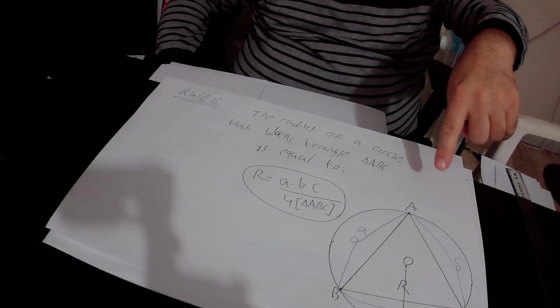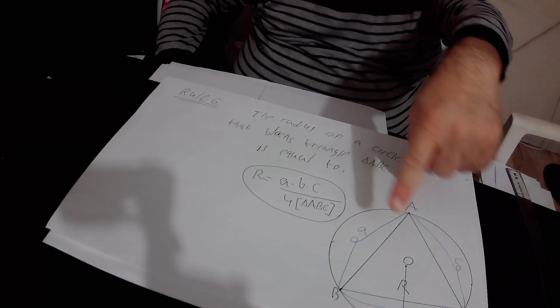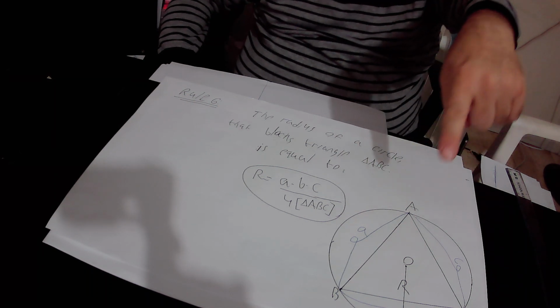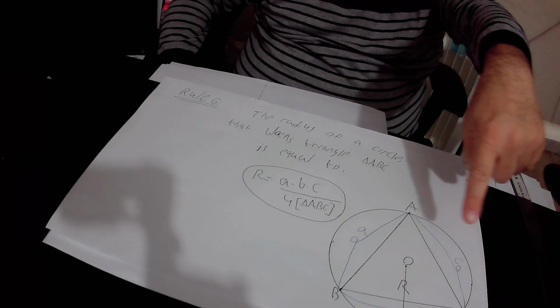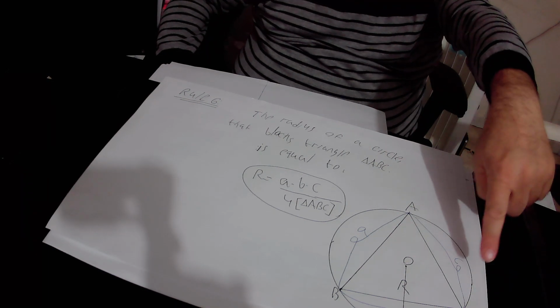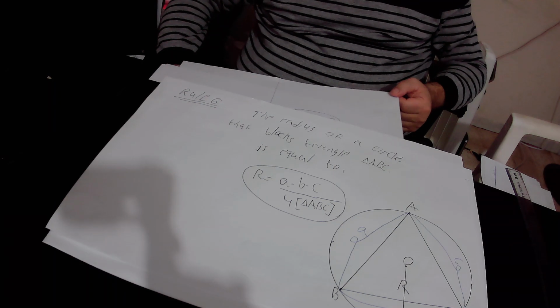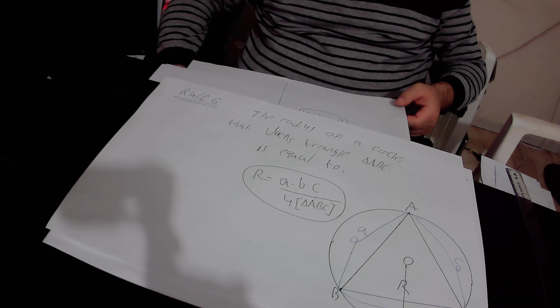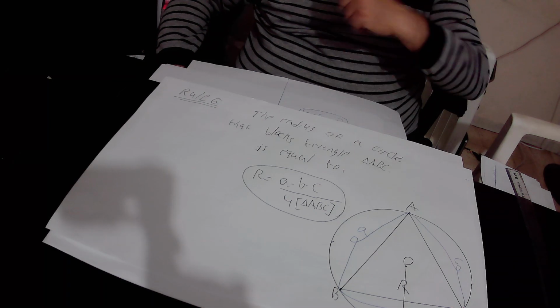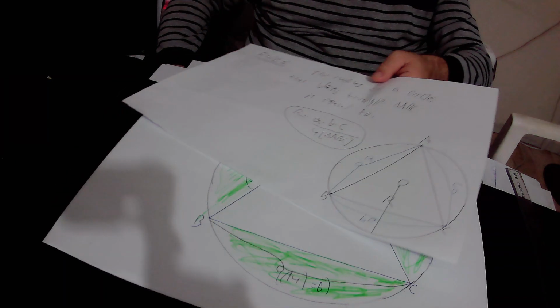Again, here we have triangle ABC that is blocked by this circle. Side AB of this triangle equals C units in its length, side BC equals A units in its length, and side AC equals B units in its length. So according to rule number 6, we can implement rule number 6 in our drawing. Why?